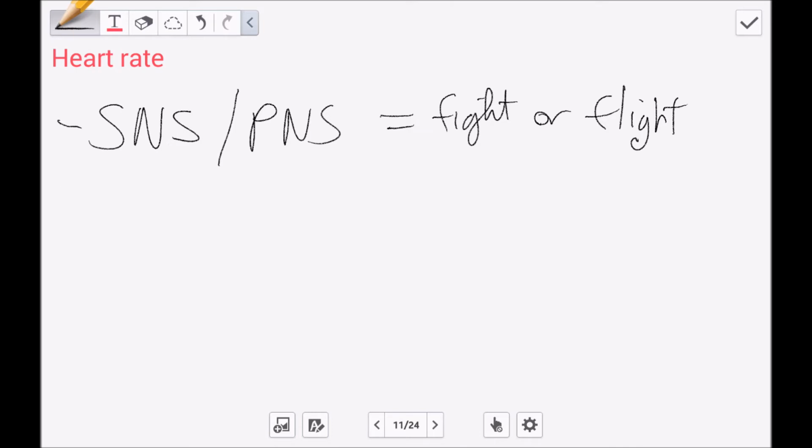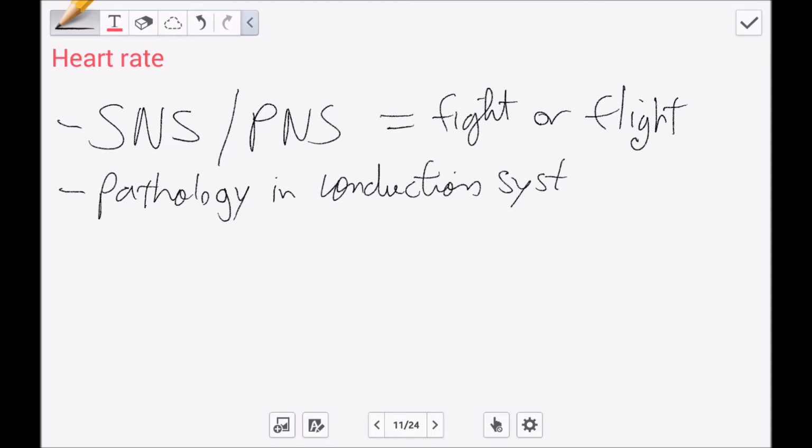Right? It's also affected by pathology in the conduction system. This is where some of your arrhythmias can come in.